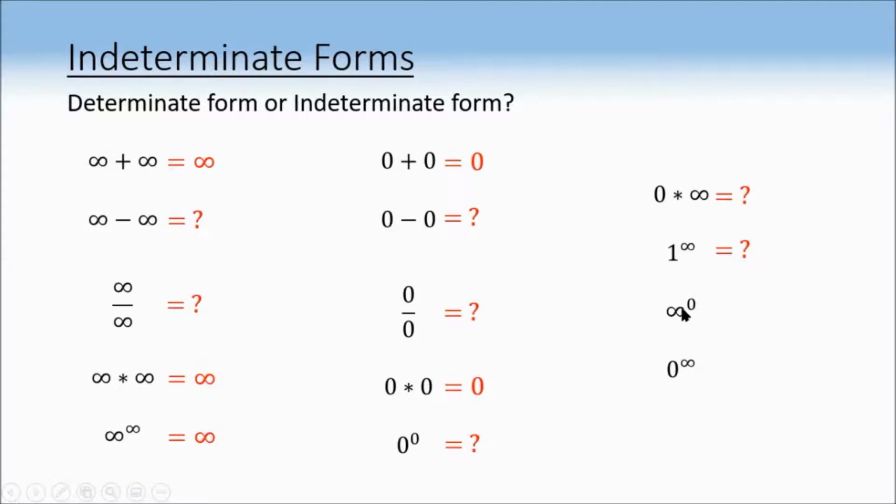So it could be getting smaller. But is it going all the way to 0? I don't think it's going all the way to 0. Is it approaching 1? I don't think so. Again, anything to the power of 0 is 1. But it depends on which one is bigger, the 0 or the infinity. So that is undetermined or indeterminate.